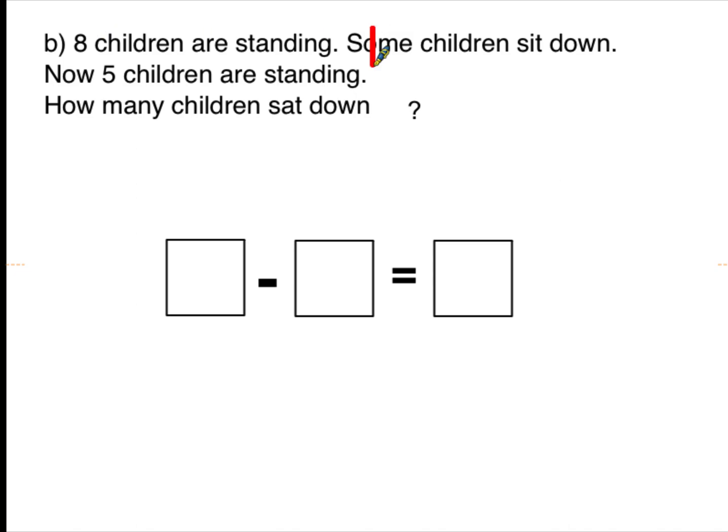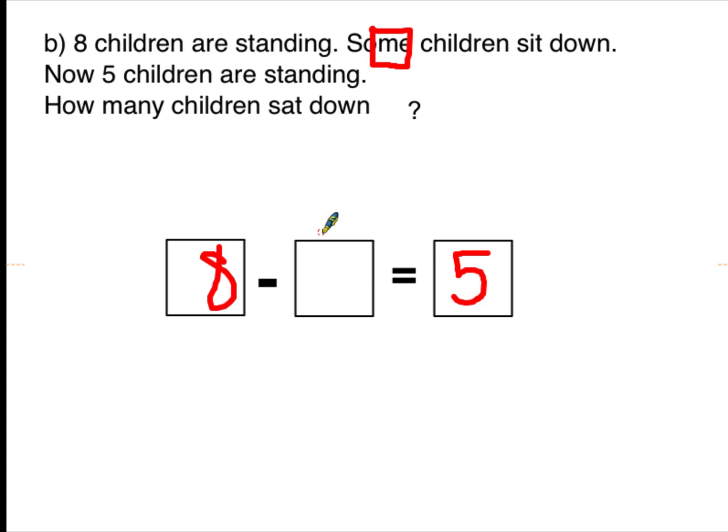Okay, make your number sentence. 8 children are standing. Some, you need to make a box. We know that 8 children are standing. Some children sat down. Now 5 are standing. How do you figure this out? You can grab the 8, count backwards 5.